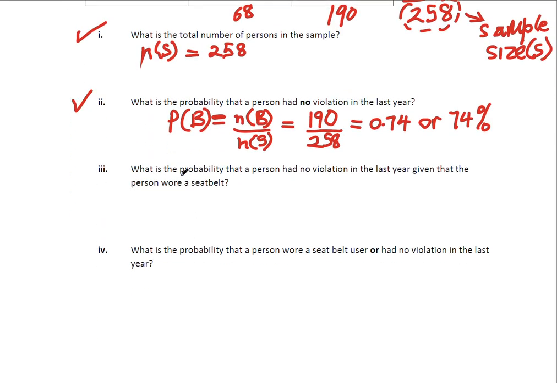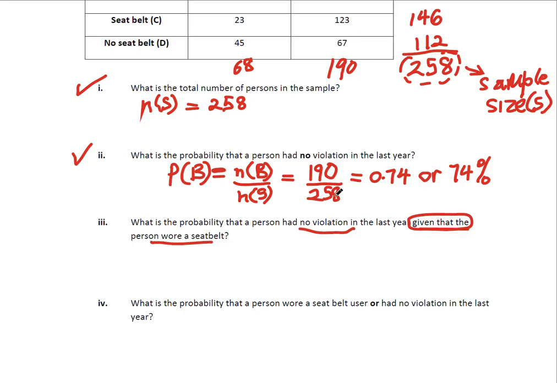Number 3 says, what is the probability that a person had no violations in the last year, given that the person wore a seatbelt? Now, this expression, given that, is a very important statement in this question. Once you see that statement, given that, or if, or any expression that connotes that same meaning, then you know we are dealing with conditional probability.